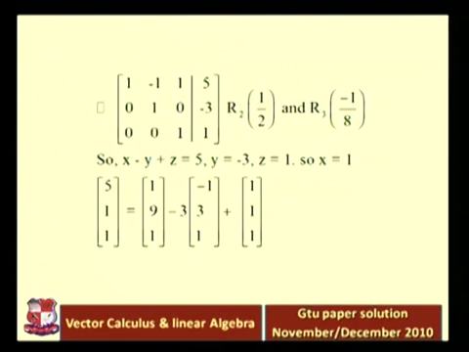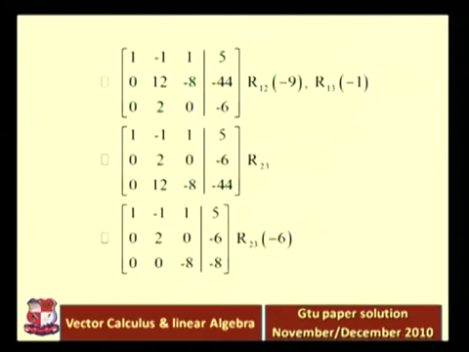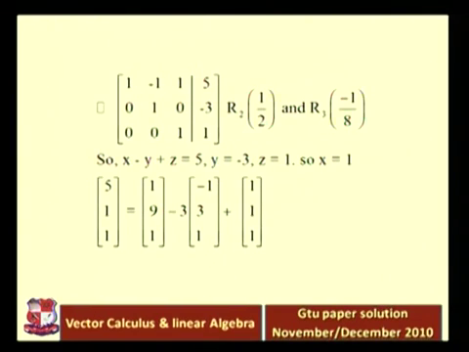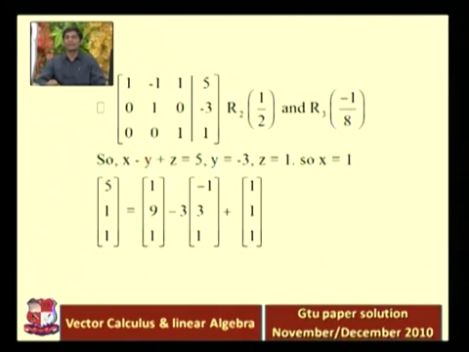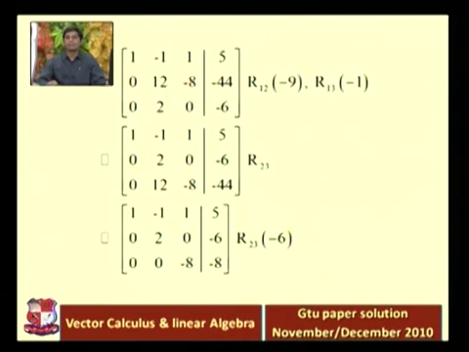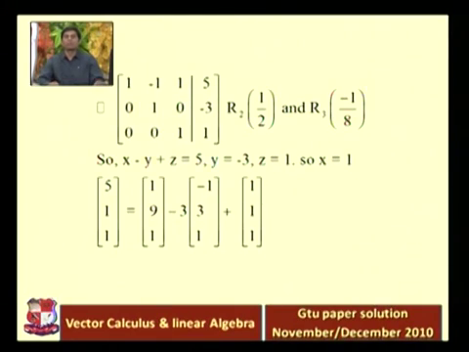The second row becomes 0 2/2, that is 1, 0, and -6/2, that is -3, so 0 1 0 -3. The third row, multiplied by -1/8, is now 0 0 1 1. So now this matrix is in reduced row echelon form.